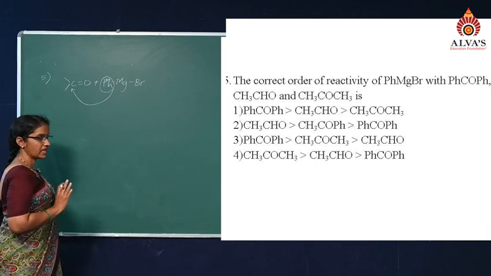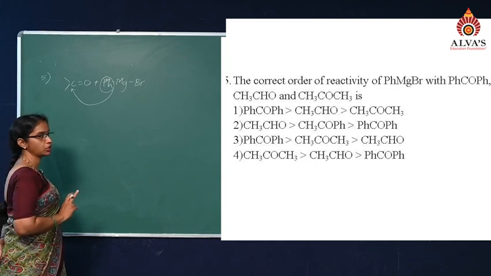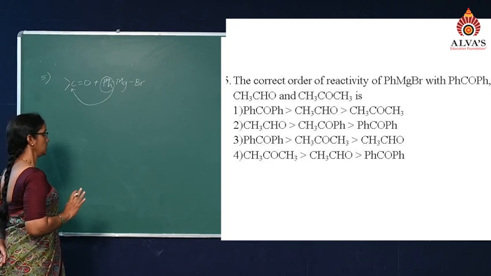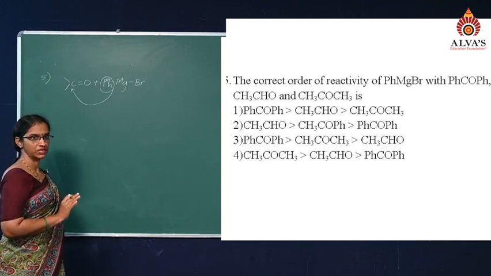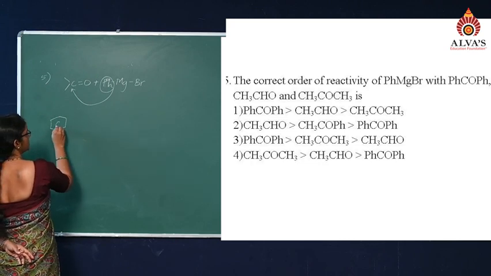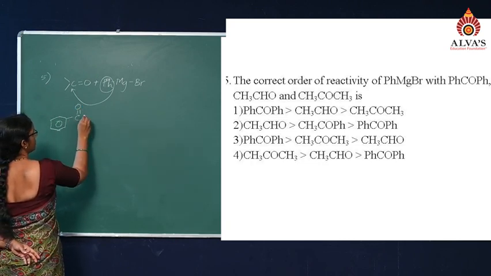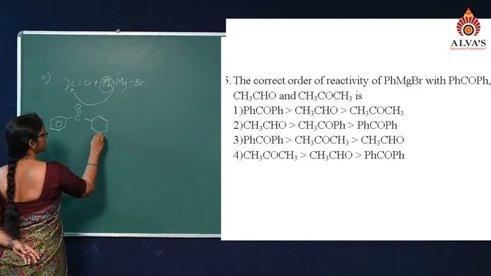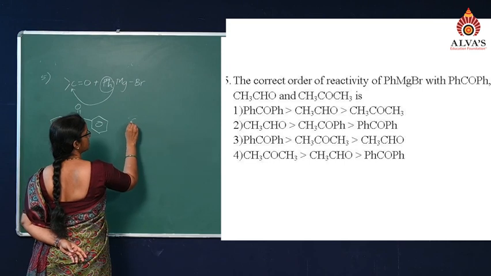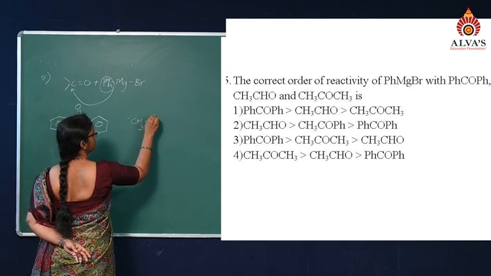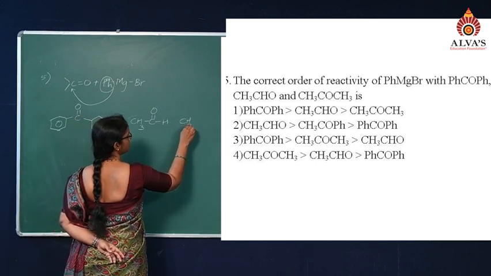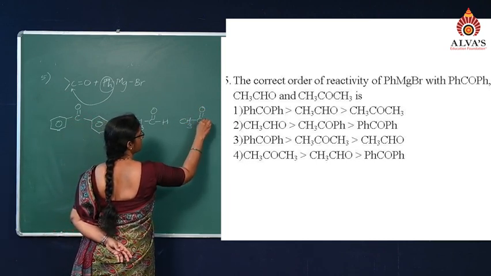Now remember that reactivity of the carbonyl compounds is judged by steric factors. So the compounds given to you are Ph, C double bond O, Ph. Then we have CH3, C double bond O, H. And the third is acetone, CH3, C double bond O, CH3.